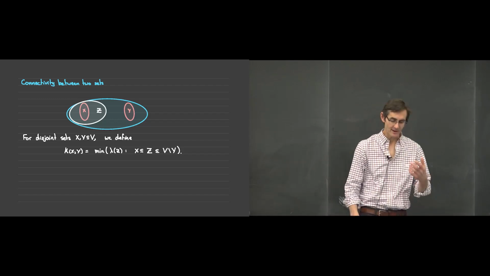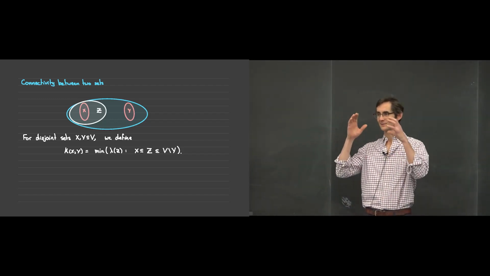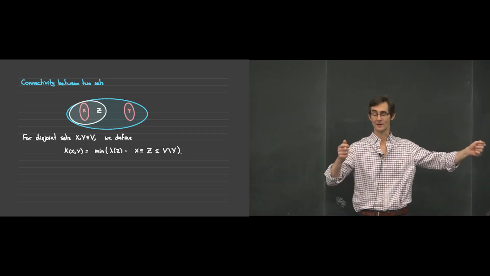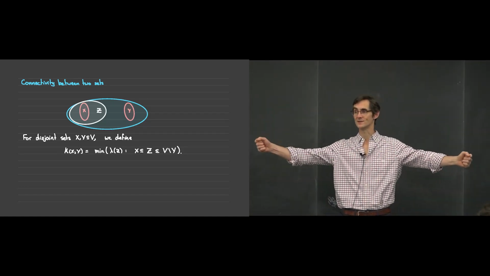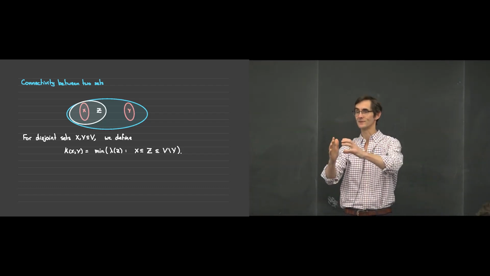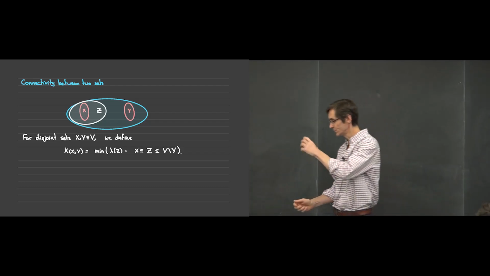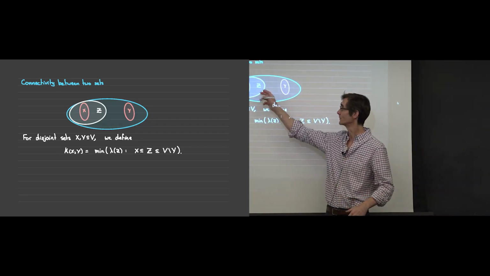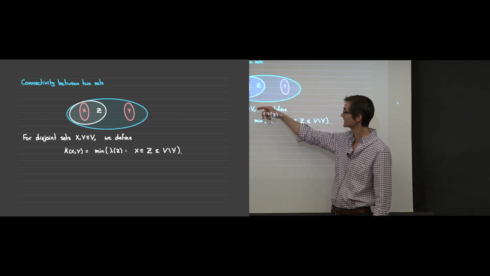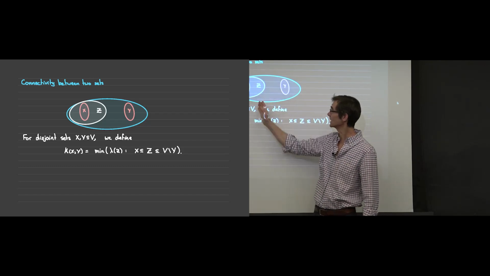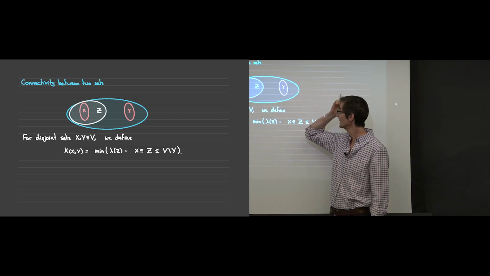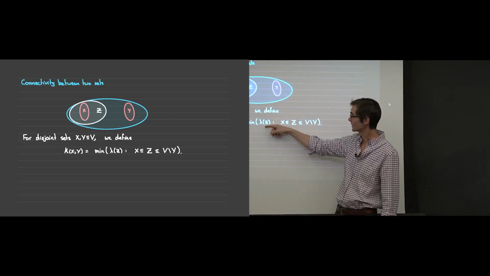Typically, when you're thinking about connectivity, if I'm thinking about edge connectivity, I think about the connectivity between two sets of vertices, not just for a given partition. I might have two disjoint sets of vertices, and I'll be asking for the connectivity between them, which in the case of edge connectivity would be the size of the smallest edge cut separating X from Y. But you can do the same definition for connectivity systems.